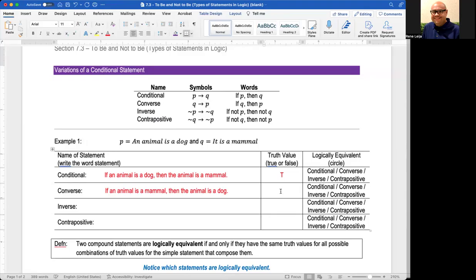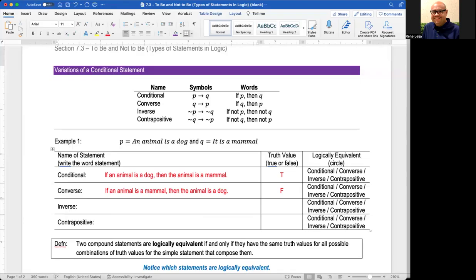Well, there are other types of animals that give live birth and have hair. So that's false. Cats, for example. Humans. All right. So that's false.